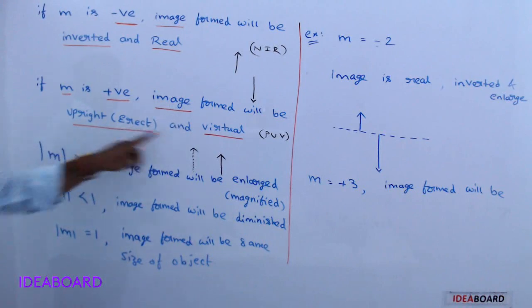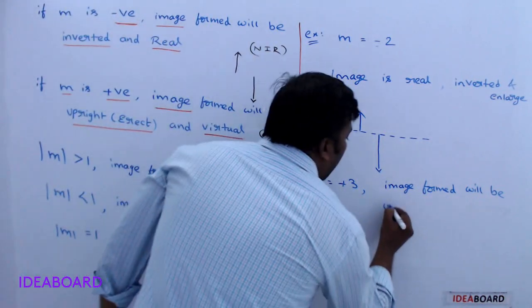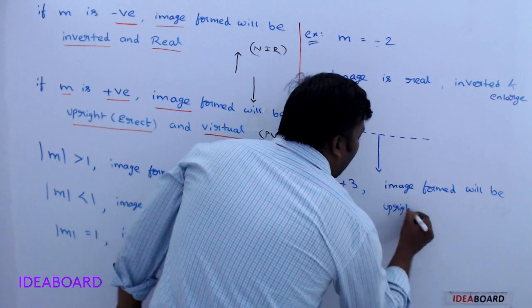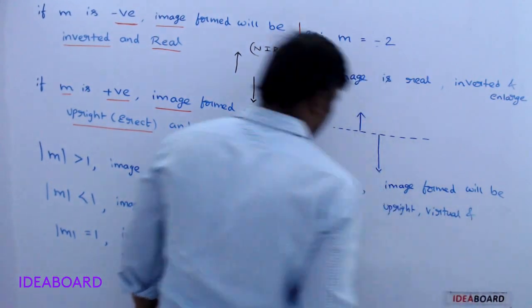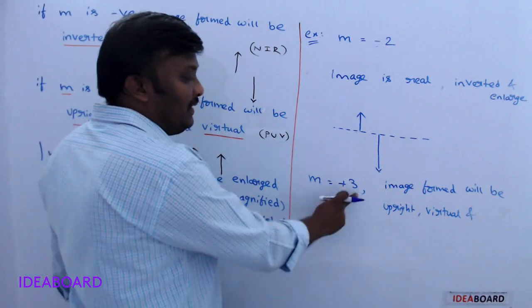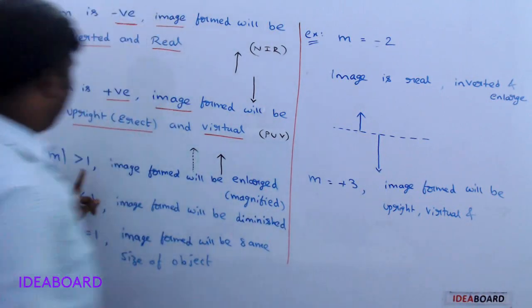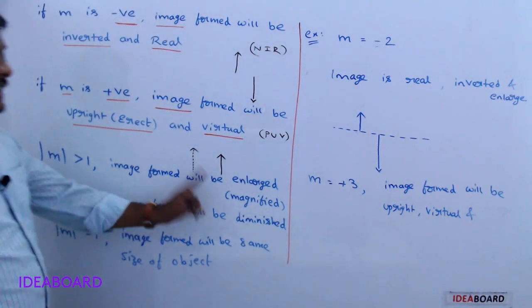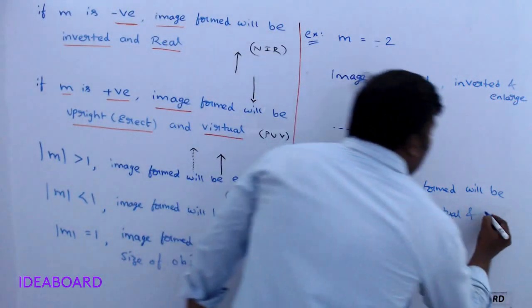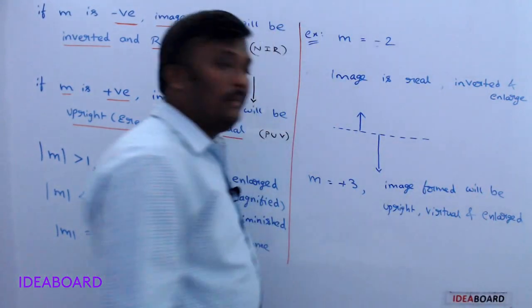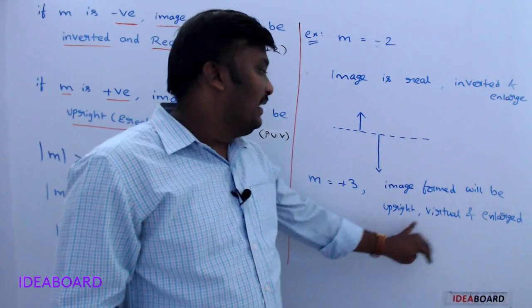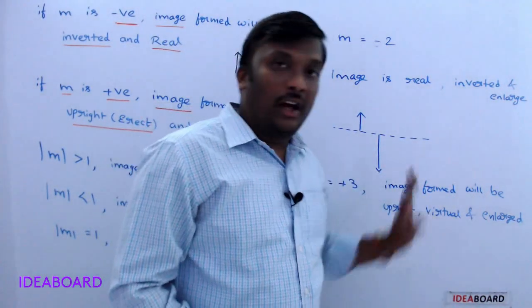The image is upright and virtual. And what is the magnitude of M? 3, and 3 is greater than 1. That means the image will be magnified, so an enlarged image is formed. Upright, virtual, enlarged.